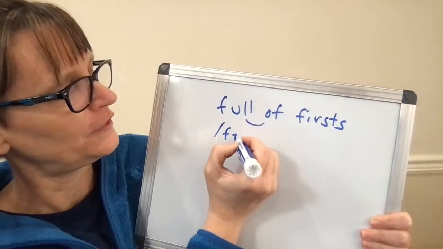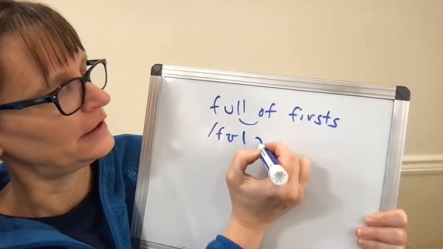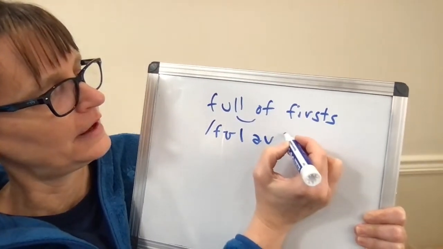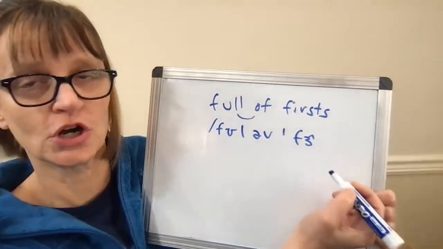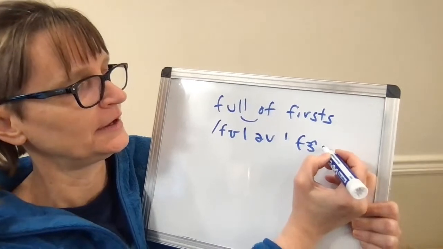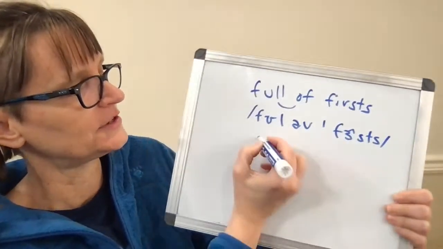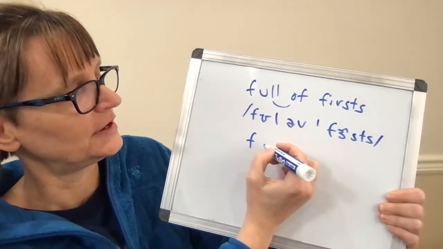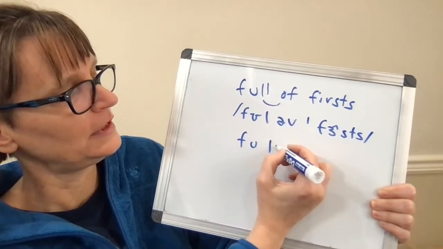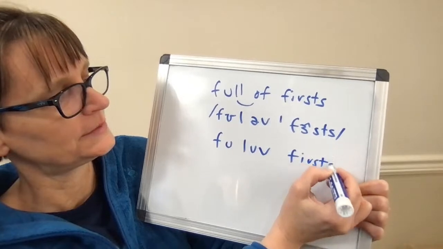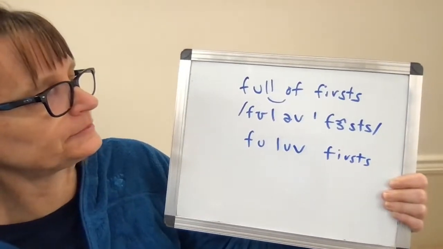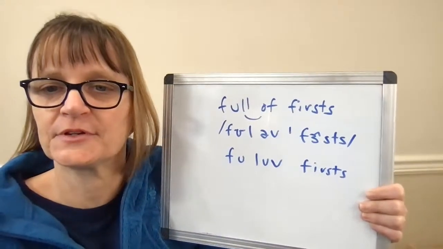So we have full, love. Our main stress is going to be on firsts in this phrase. There's our that we were talking about earlier. Okay, so I would think of it as full of firsts. Full of firsts.